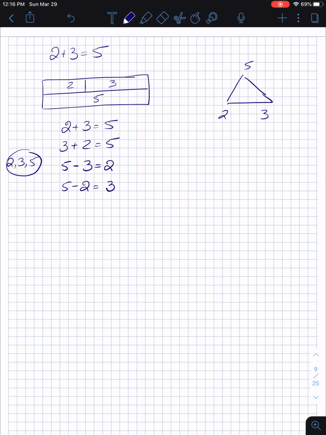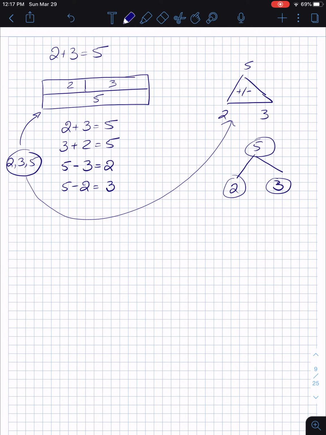So we often look at the numbers 2, 3, and 5 as a fact family for addition and subtraction. The fact family can be represented using the strip diagram, or the fact family triangle, or sometimes you will see it as number bonds like this, 2, 3. All right. And it can actually be written in 4 different number sentences: 2 addition and 2 subtraction.